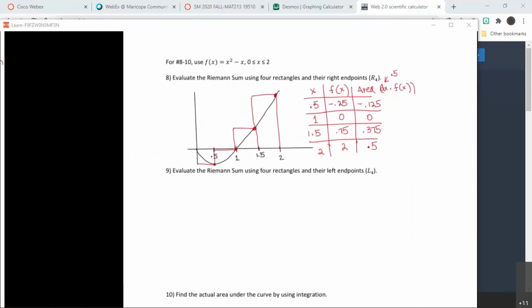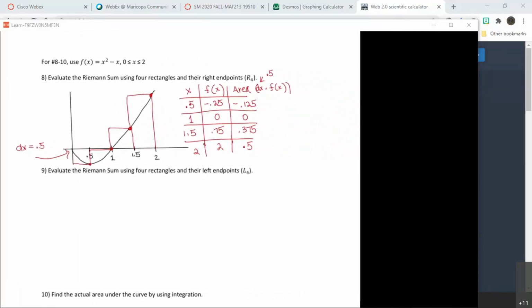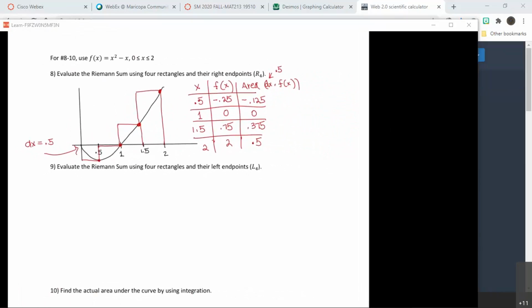Again, you have to think that each one of these dx equals 0.5. They're not one wide, they're a half wide. And then your value of the Riemann sum would be the total, which I got to be 1.2.